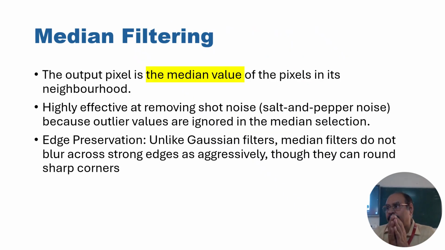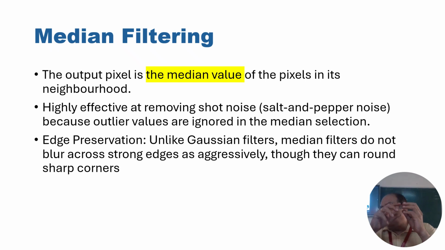So I told you today we are looking into two types of filtering. The first one is called median filtering, where the output pixel is the median value of the pixels in its neighborhood. Very simple. You are converting these into a matrix. Now each and every pixel is being taken, it has a value.